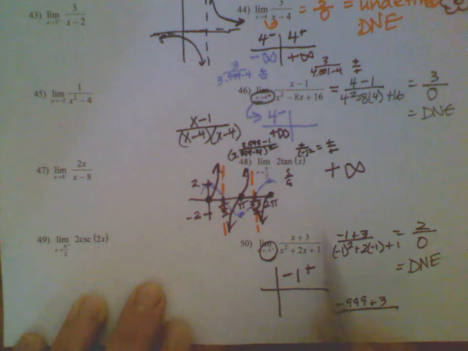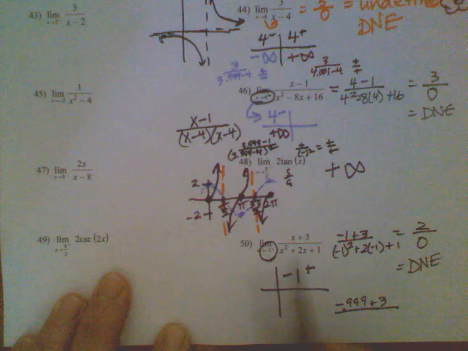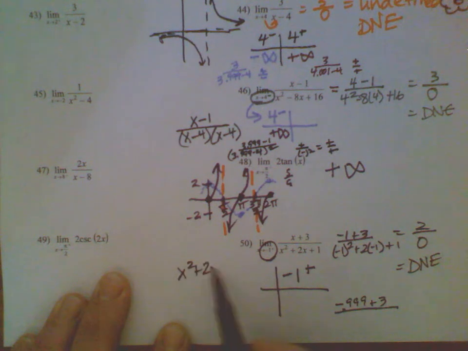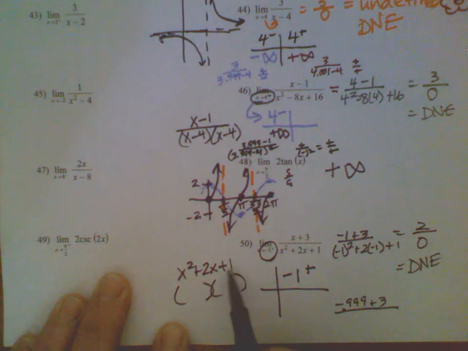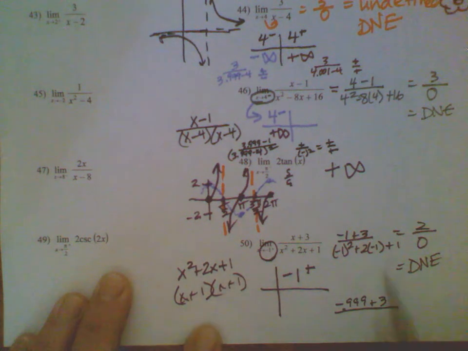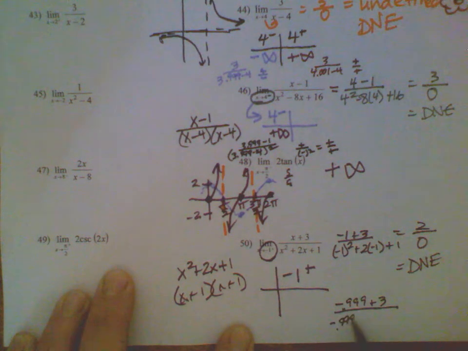Again, I have this denominator that I could factor. X squared plus 2x plus 1 is product of 1, sum of 2. So x plus 1, x plus 1. So on the bottom, I'm going to do -0.999 plus 1 squared.